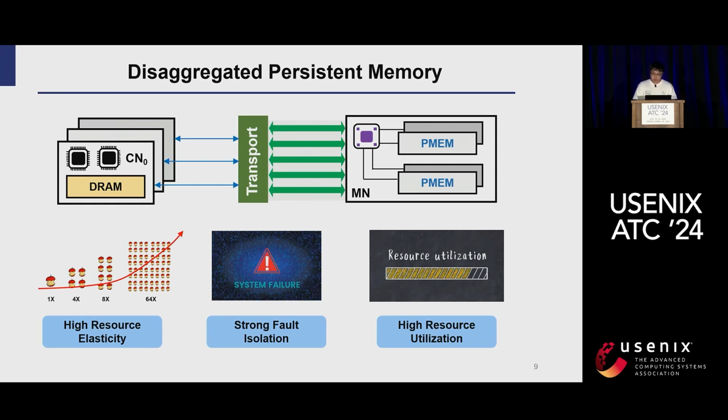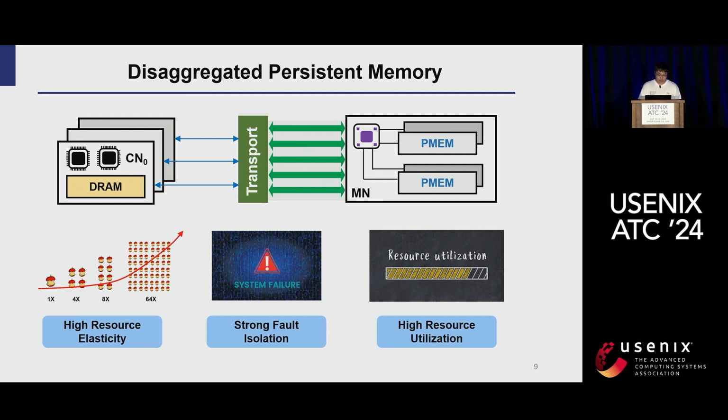It exhibits much stronger hardware capability than a monolithic machine in the symmetric PM architecture. Moreover, the shared PM pool embraces fast evolving data connectivity technology like RDMA and CXL.